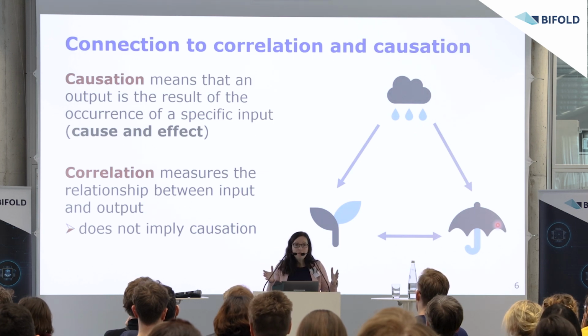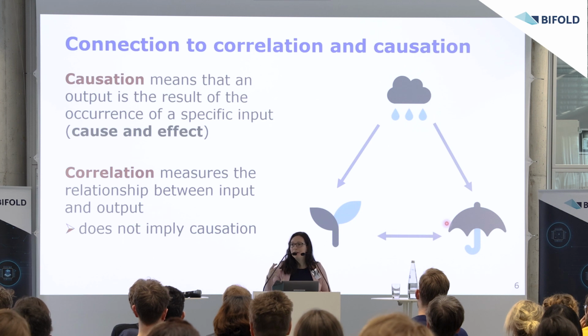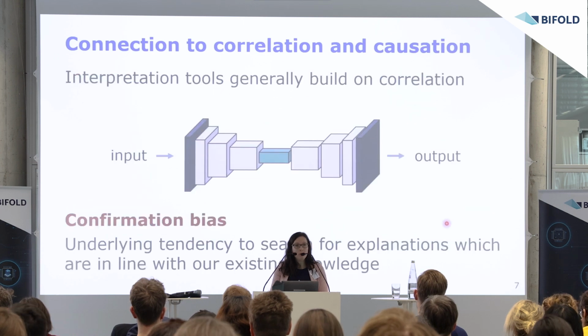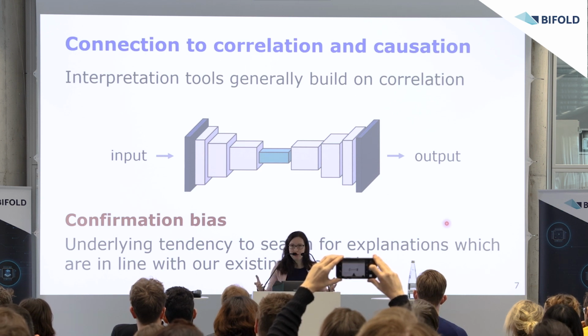And very often, not always, but very often, machine learning models model exactly this. They model the correlation, not necessarily the causation. And this is what we need to take into account when we apply explainable machine learning, because the interpretation tools generally build on this correlation.